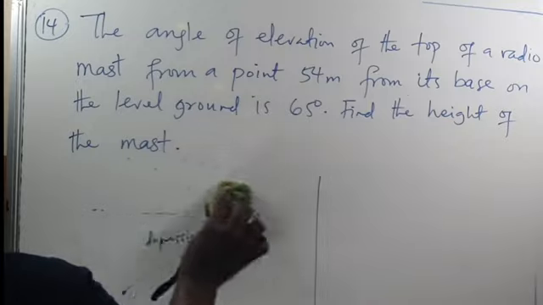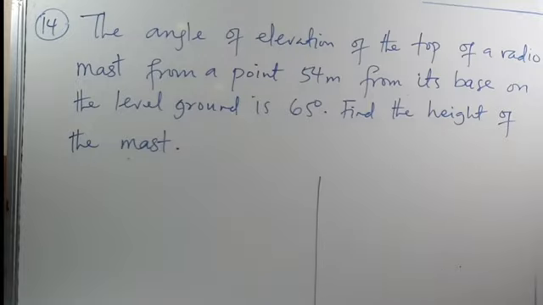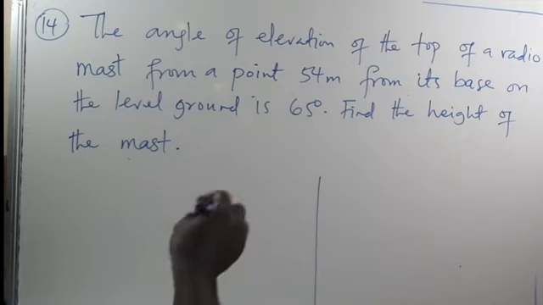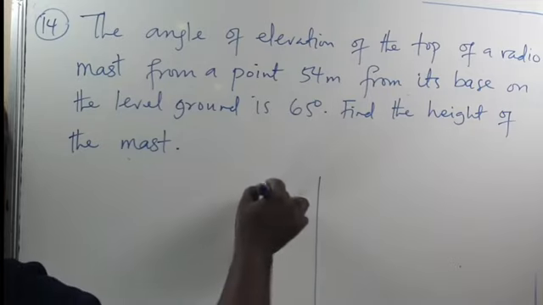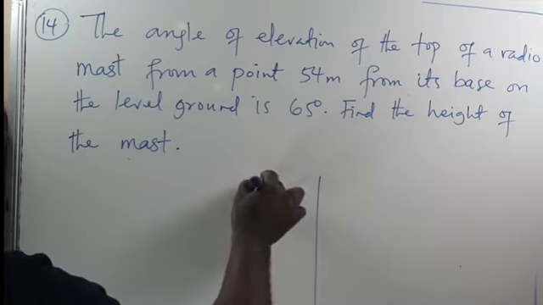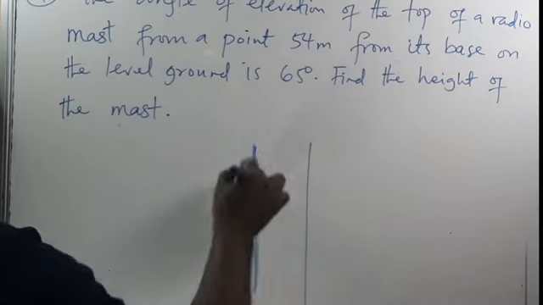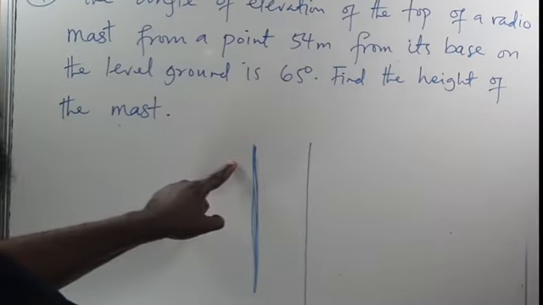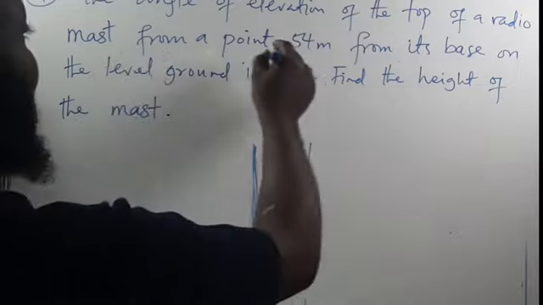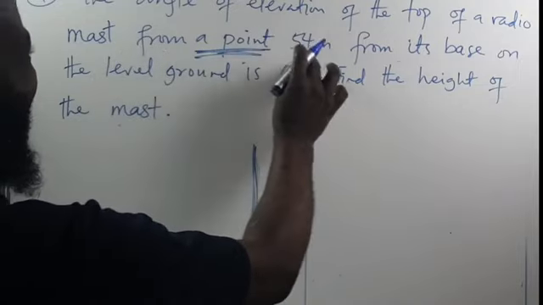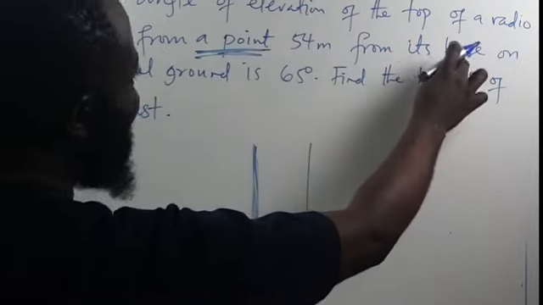So the question said the angle of elevation of the top of a radio mast. So you have a radio mast here. This is the radio mast, it's very tall. We want to look at the top of it from a point 54 meters from its base.